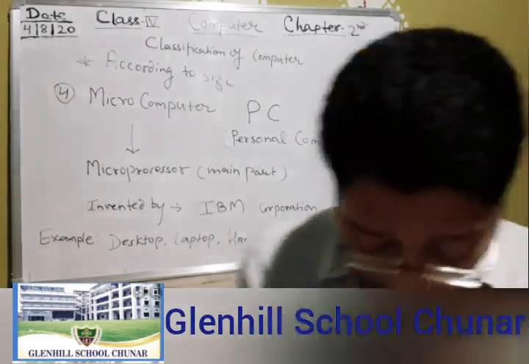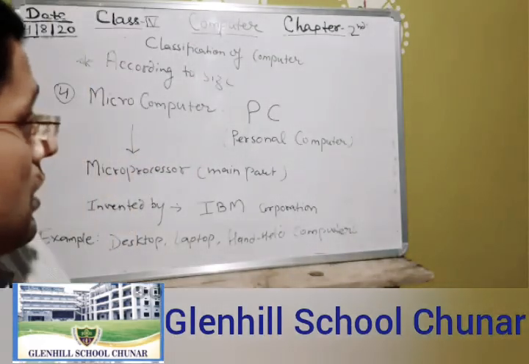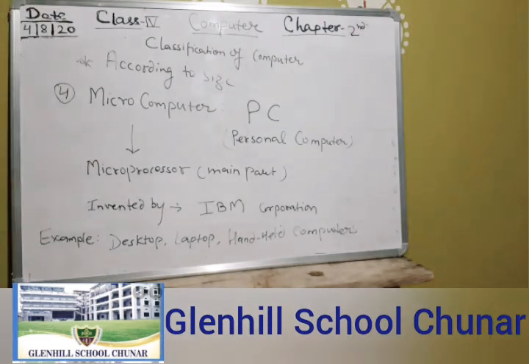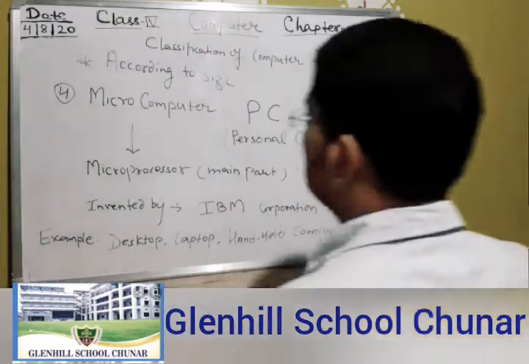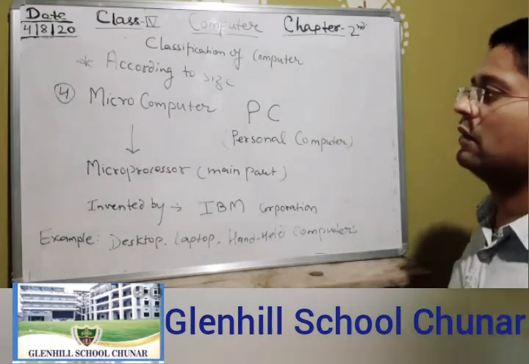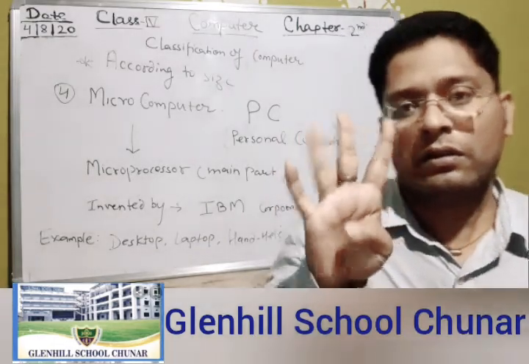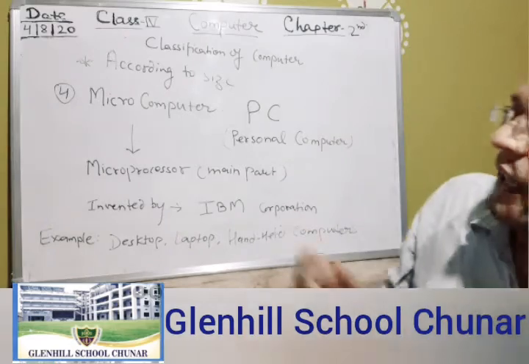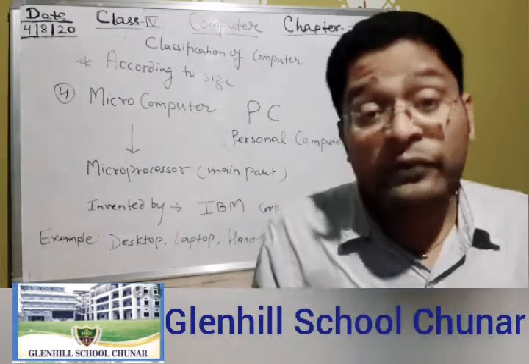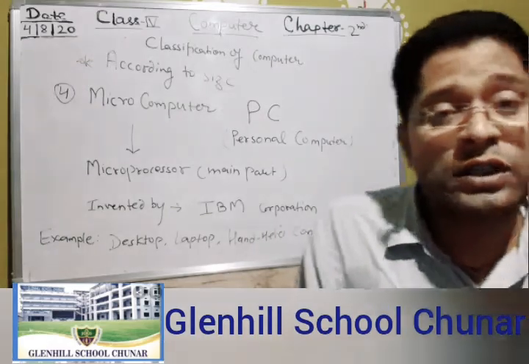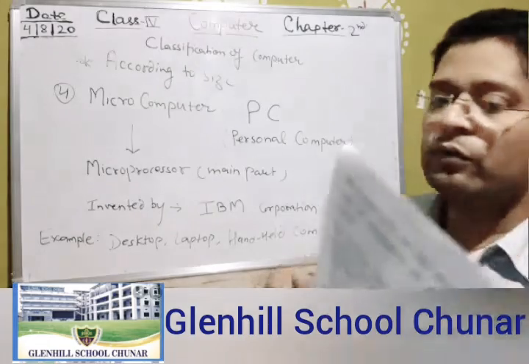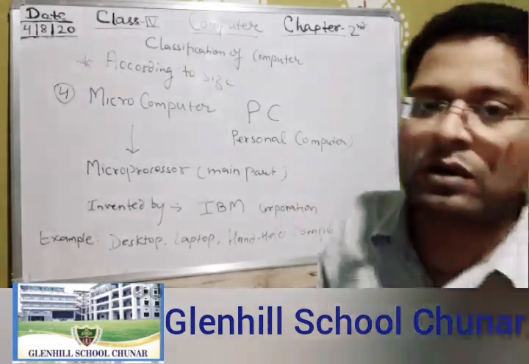Okay students, so complete your section according to size of computer. In this section, according to size, we read about the 4 types of computer. First supercomputer, then mainframe computer, your third mini computer, and your fourth microcomputer.